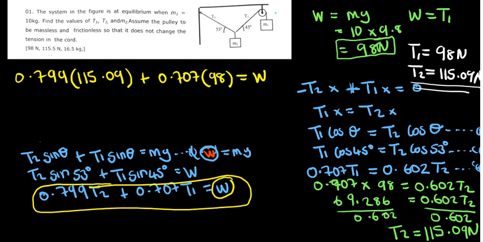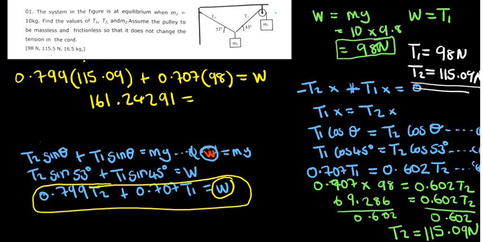Sorry, 98, not 9.8. So we are getting 161.24. Hope you have a calculator there, so you are able to spot out the mistakes which can be made along the way.